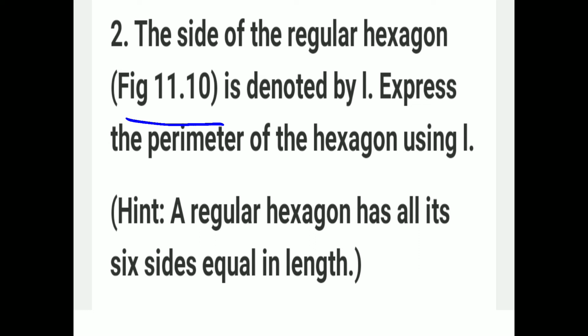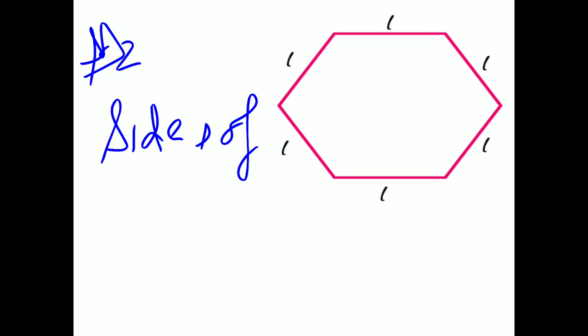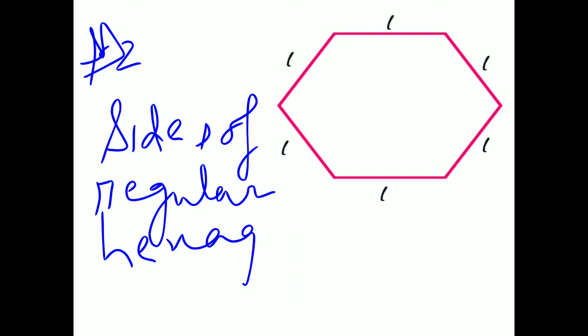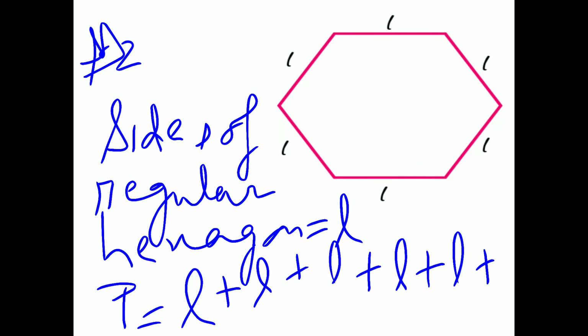In this regular hexagon, you know that a regular hexagon is a figure in which all the sides are equal. So how many sides does it have? 6 sides. So first you write the side of the regular hexagon, that is L. Then the perimeter formula will be L plus L plus L. How many times do you have to add L? 6 times, because the perimeter of a polygon is the sum of all the sides.